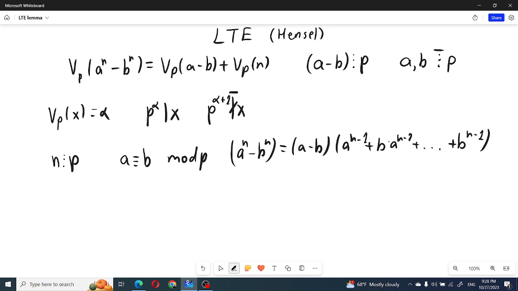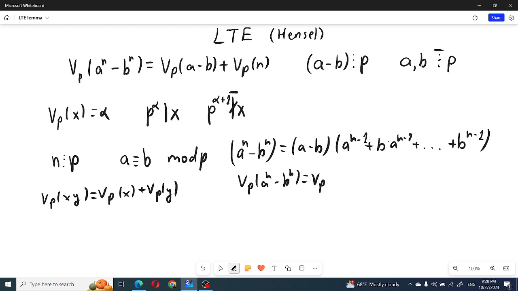And because we know that Vp of x times y equals Vp of x plus Vp of y, we can see that the Vp of a to the n minus b to the n must be Vp of a minus b plus Vp of a to the n minus 1 up to b to the n minus 1.